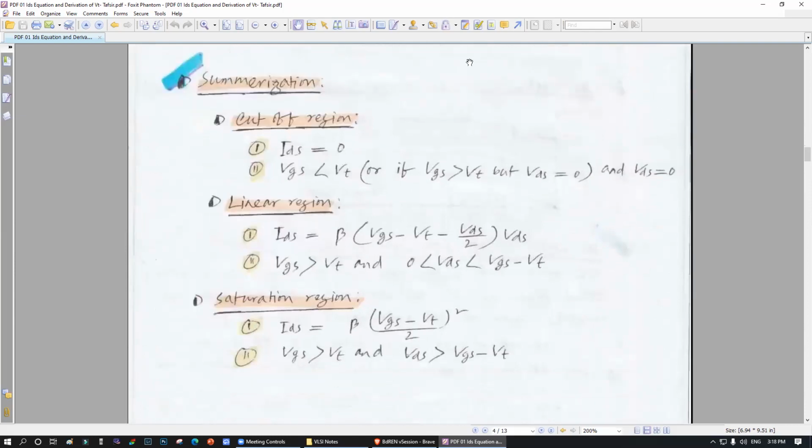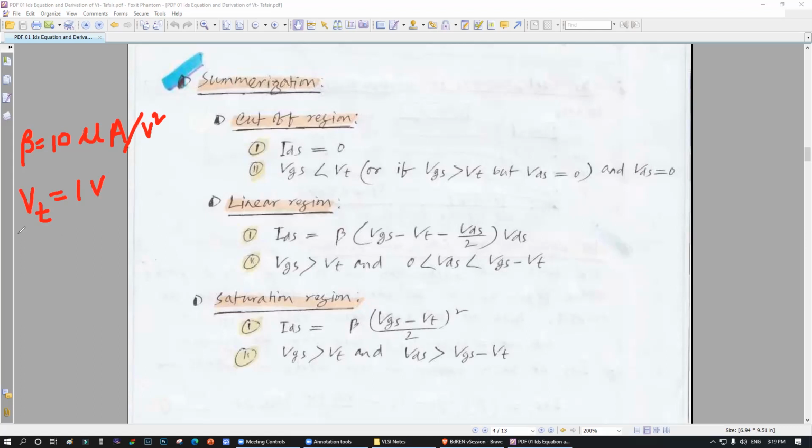Now here, look at this, beta is 10 microampere per volt. That is your beta. Now let's give you some more values. Let's say your VT is 1 volt. Now this thing you have to calculate again using the formula that we are going to learn in our next classes, okay?